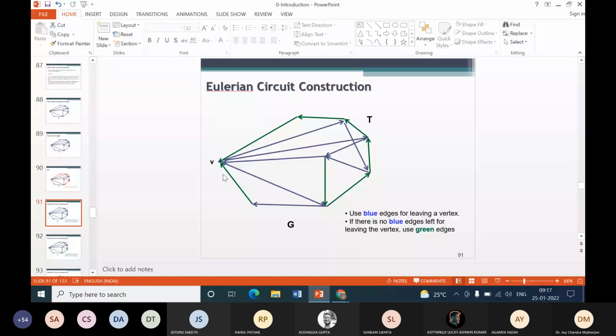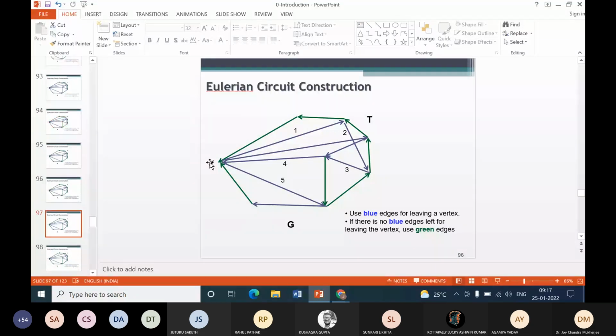So first you go by the first edge, then second, third, fourth, fifth, you go to sixth. Now you don't have any other option, so you take the 7th edge and you come back to V.